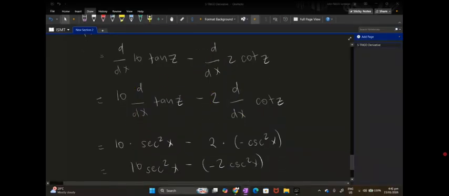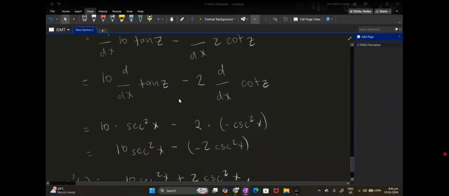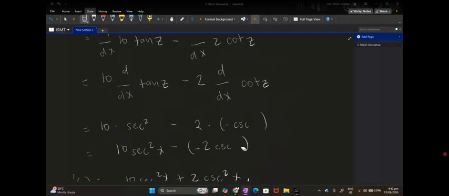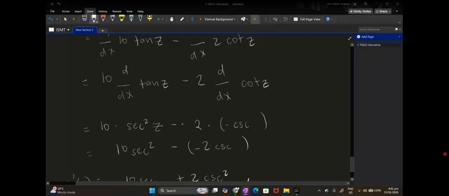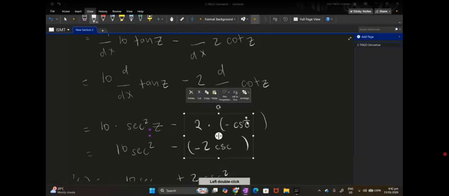Now, we can evaluate the derivative of the trigonometric function. So, derivative ng tangent z natin, it's, di pala dapat x to. Sorry. So, the derivative of tangent is secant squared z minus 2 multiplied by negative cosecant squared z.